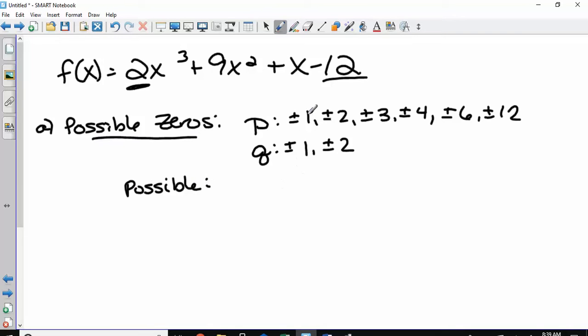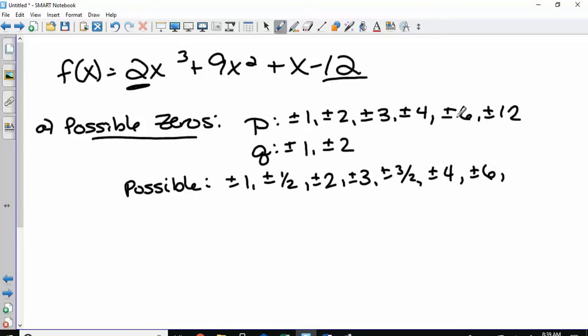P over Q. So all of these get plus or minus. 1 over 1, 1 over 2, 2 over 1, 2 over 2 is 1, I already have it. 3 over 1, 3 over 2. 4 over 1, 4 over 2 is 2, we've got that. 6 over 1, 6 over 2 is 3, we've got that. 12 over 1, 12 over 2 is 6, we've got it.